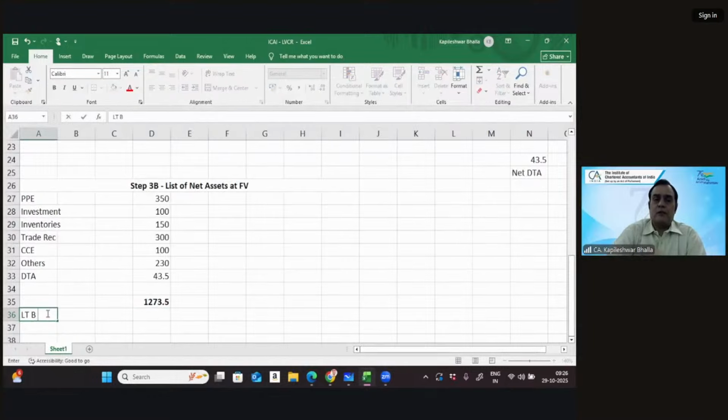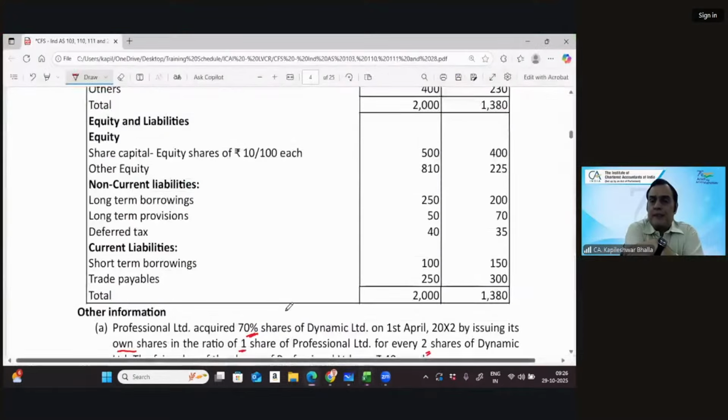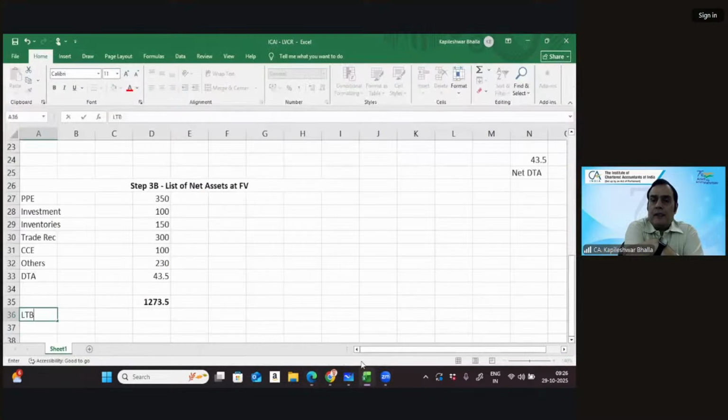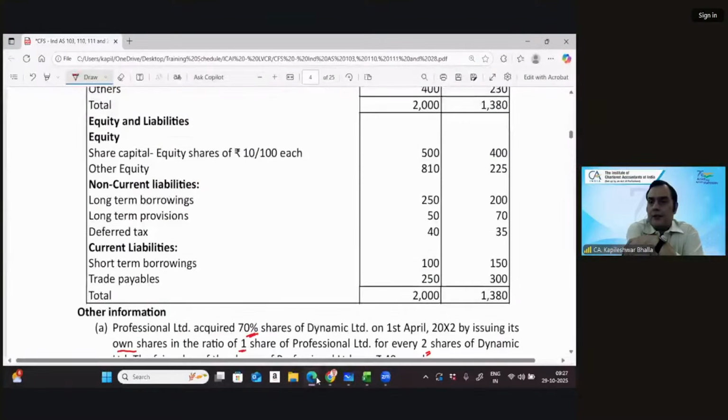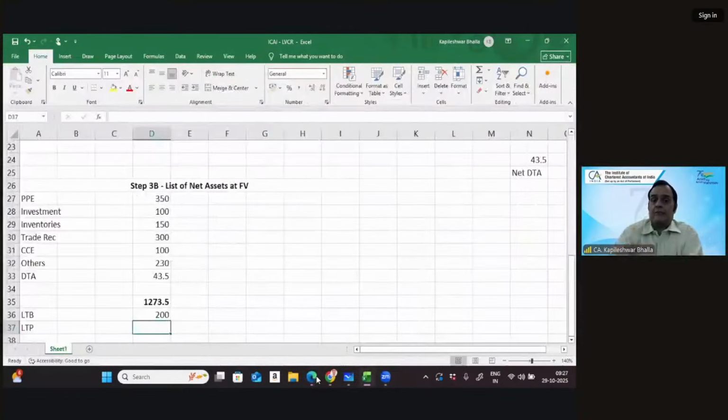So we're given long-term borrowings. The long-term borrowings is 200, and then there is long-term provisions, LTP. That is to the extent of 70.